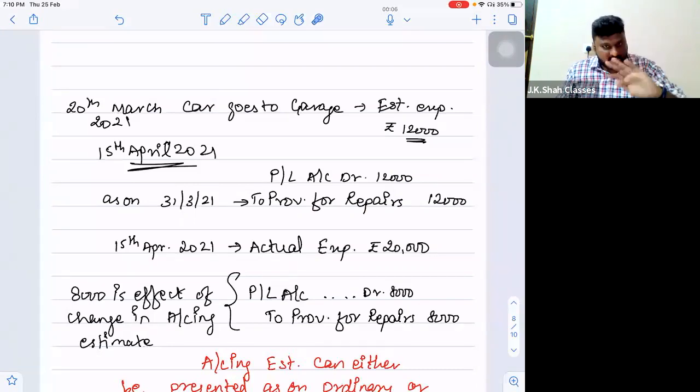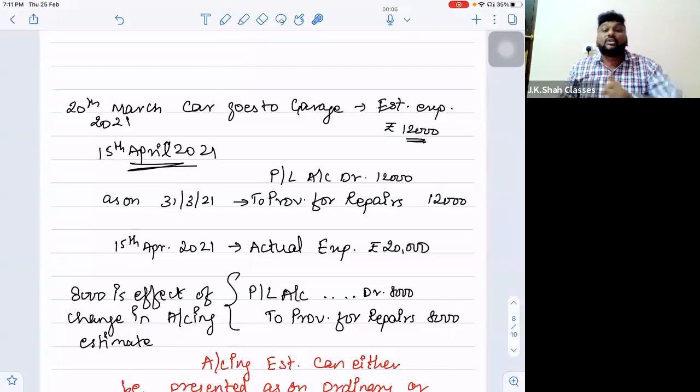Right? That is absolutely correct. But my point is, when on 15th April, you decided that no, the actual expense was 20,000, so I have to increase the provision by 8,000 rupees. So first point is, this is not a prior period item. Means this increase of 8,000 rupees is not a prior period item. Reason, it is not the error or omission of last year. It was not your mistake in last year.